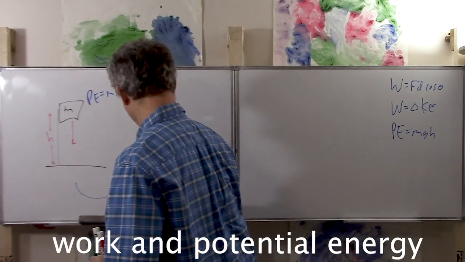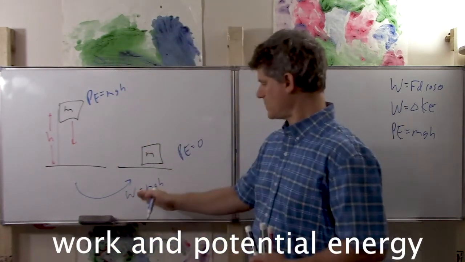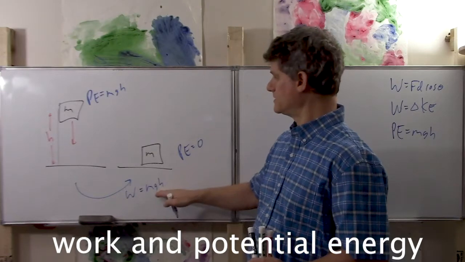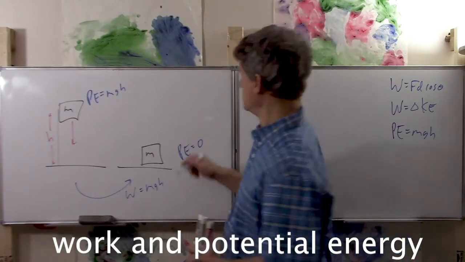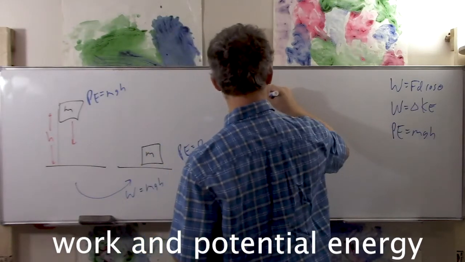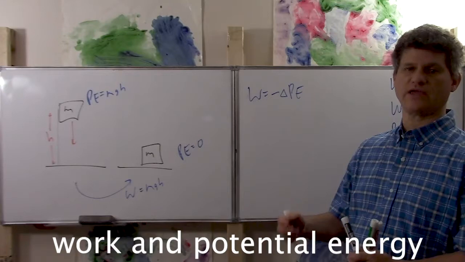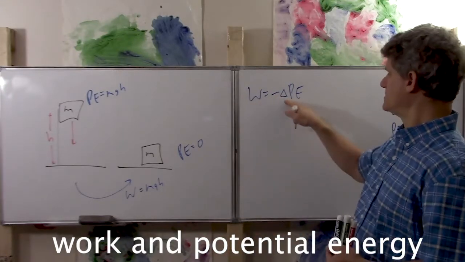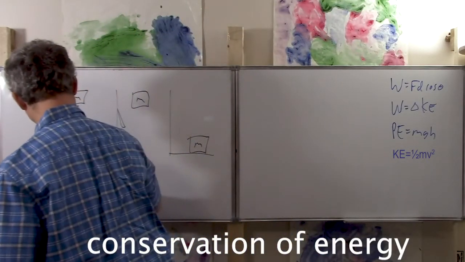Gravity did this much work, and that caused us to lose that much potential energy. In general, we can say that work equals negative change in potential energy. So just as work increases kinetic energy, work decreases potential energy.